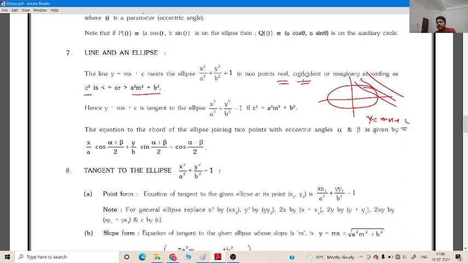If greater, the points are imaginary, so it neither intersects nor touches. When the given line touches the ellipse, it is known as a tangent, under the condition c squared equal to a squared m squared plus b squared.